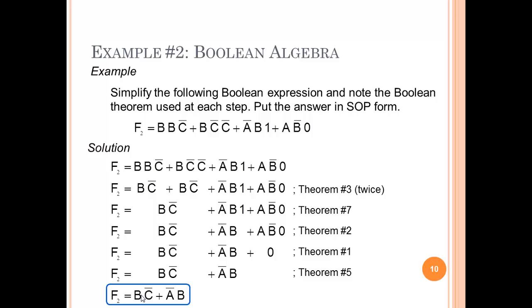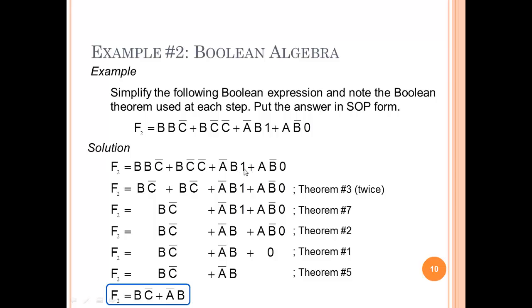All right, so let's look at B and B. That's just going to be B, so we get B and not C. B and not C and not C. Well, not C and not C is the same as not C, so we have B and not C or B and not C. All right, not A and B and 1.